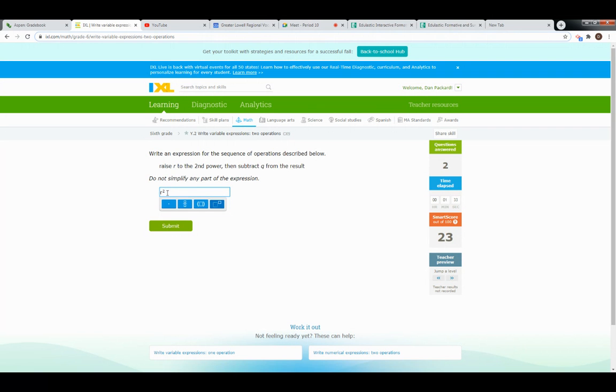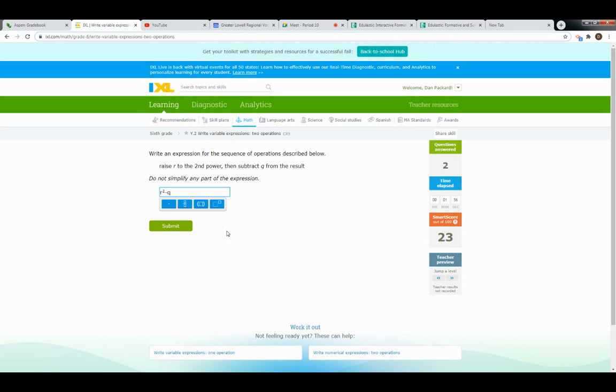So this is what we get, and we're subtracting q from the result. We're saying, mister, it didn't switch the order. Well, it did, because of the word subtract from and result; r squared is the result. So it's actually q from r squared, which is r squared minus q.